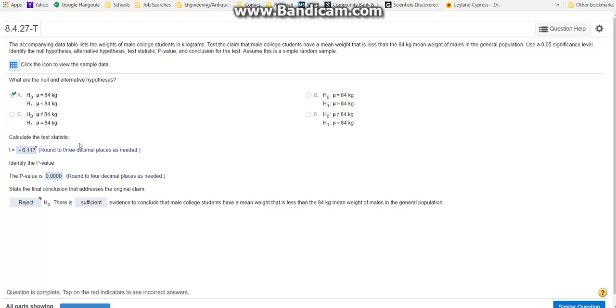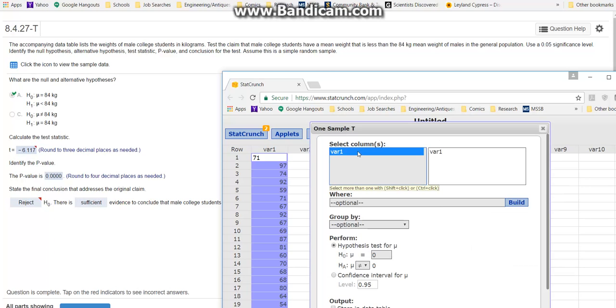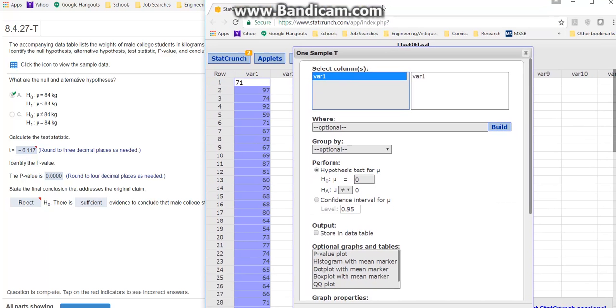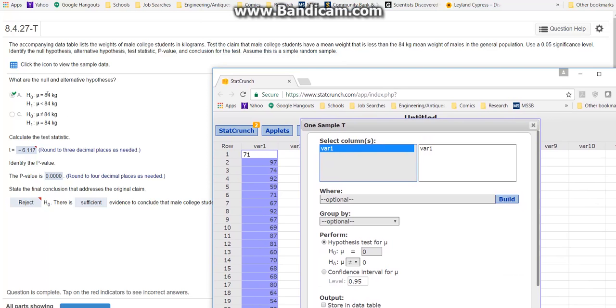So the safest thing to do here is to use the t-stat, T as in Tom, okay? Because we're not given any population information. So, t-stat, one sample with data, because we're given the data this time, not summary statistics.